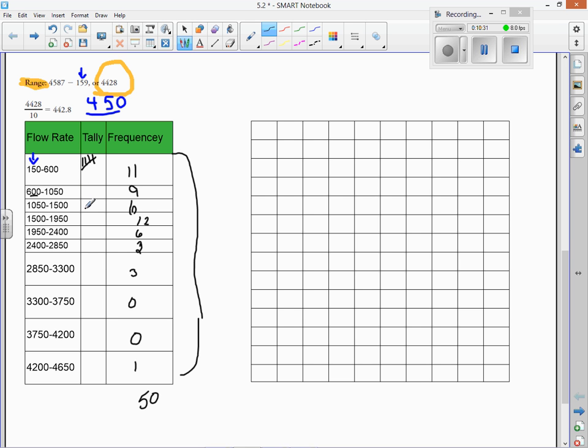Now we're going to take this and make a graph out of it. And the graph we're going to make is called a histogram. The histogram is very similar to a bar graph, except that there are no spaces in between the bars. So to set up our histogram, we're going to take our frequency numbers and place them here.